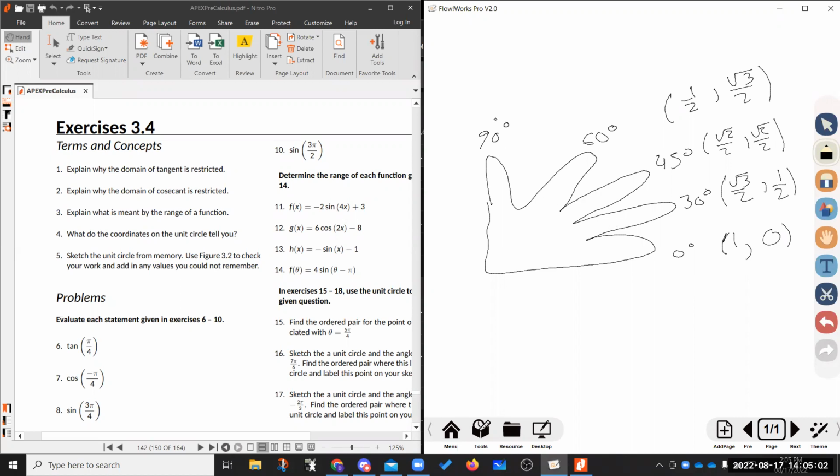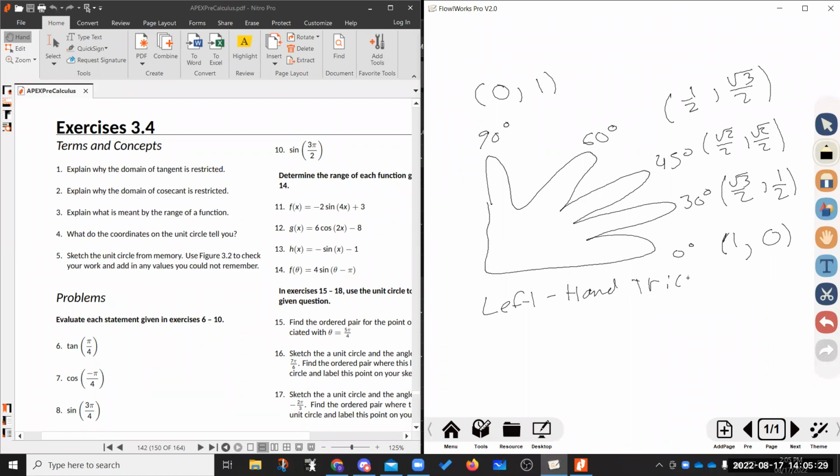And if I would do the same thing with my thumb, it would switch positions: I would have root 4 over 2, which is 2 over 2, which is 1 on the right, and I'd have 0 on the left. And there's how I can find all of my coordinates on my unit circle with what I call the left-hand trick.